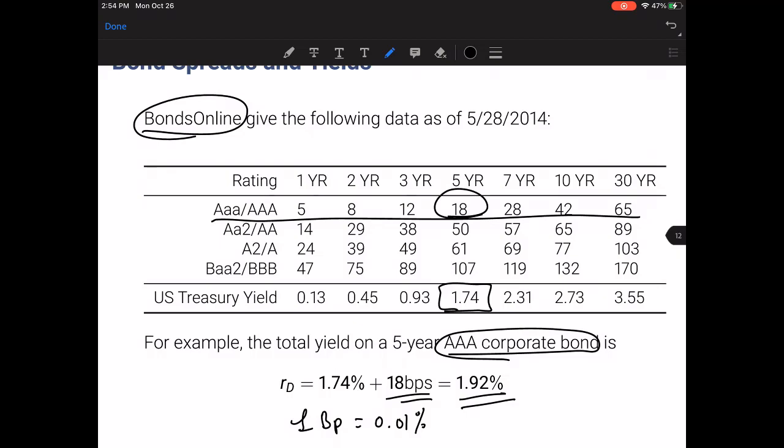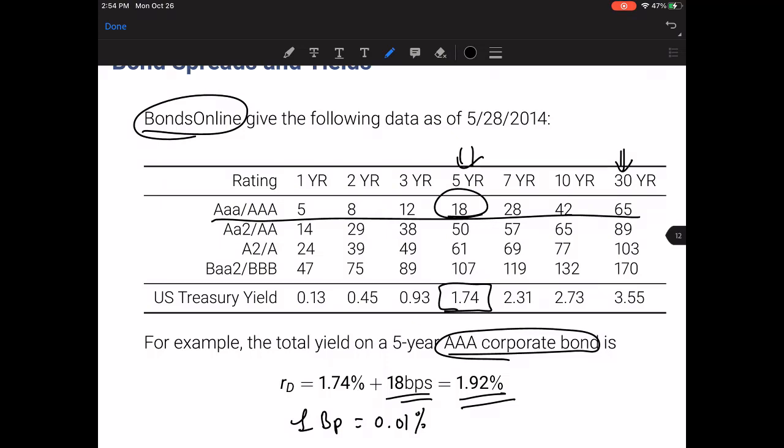So for 5 years, remember this is per annum. You can go ahead and use 5 years if you want, but most practitioners typically try to use as long a maturity as possible. Because if we're assuming the firm is infinitely lived and its capital structure isn't changing over time, then we try to use a cost of debt at its longest horizon, which represents the firm in the long term.